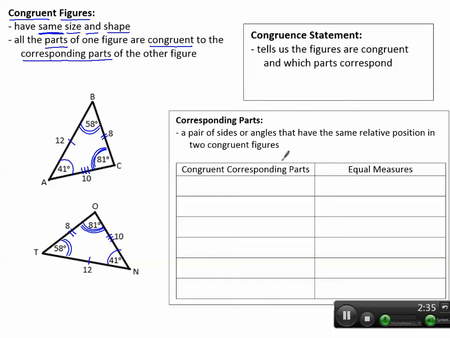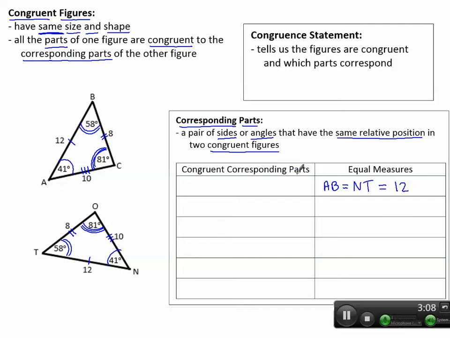Let's list over here the corresponding parts that we said are congruent. Remember that the corresponding parts are a pair of sides or angles that have the same relative position in two congruent figures. So remember that we said that AB measures 12 and NT measures 12. So equal measures, we would write that AB equals NT, which equals 12.